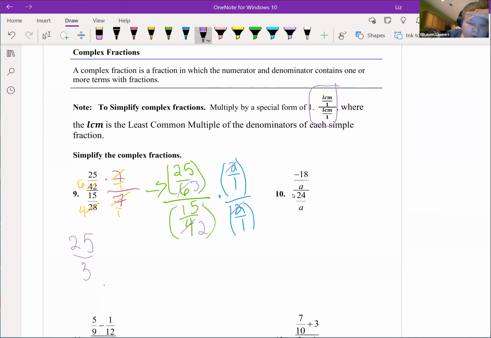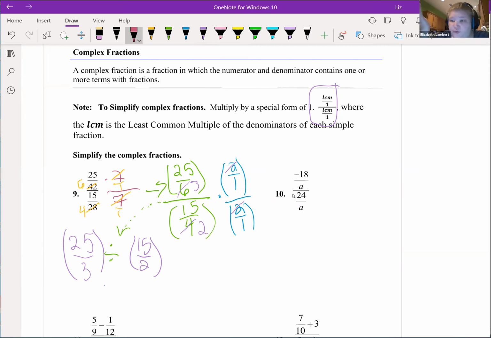25/3. I'm going to go ahead and change that fraction bar to old school division. And now it is 15/2 on the bottom. I'm going to go ahead and put those parentheses in because they should be there. So 25/3 divided by 15/2.